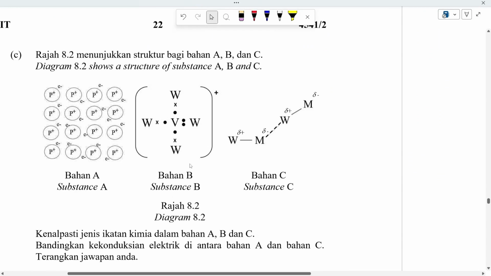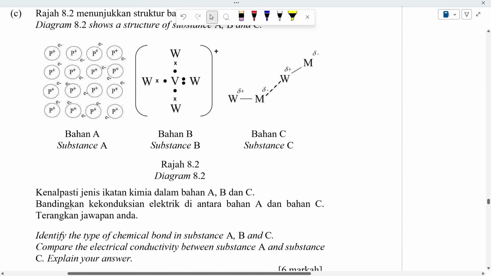Diagram shows the structure of the substance A, B, and C. First, identify the type of chemical bonds in A, B, and C. So point number 1, A. What is the type of bond?